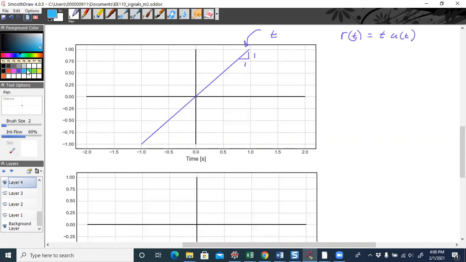So let's just redraw u(t) again. When I multiply these together, 0 times anything is 0, and 1 times the thing is the thing.